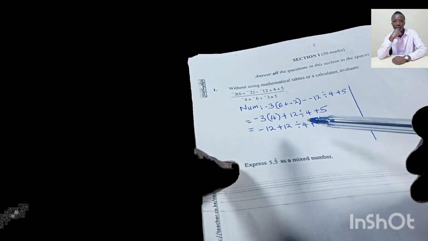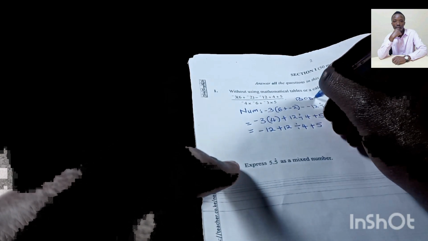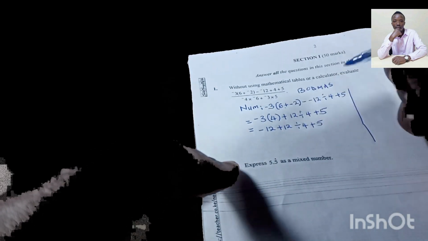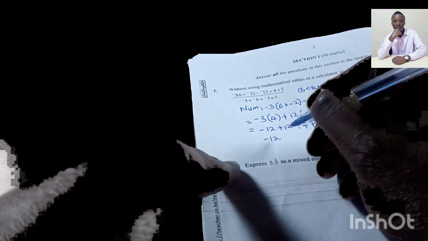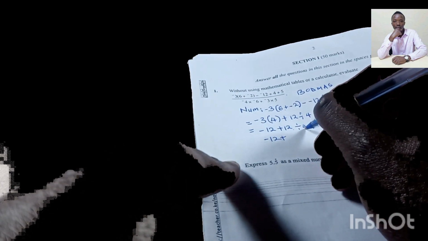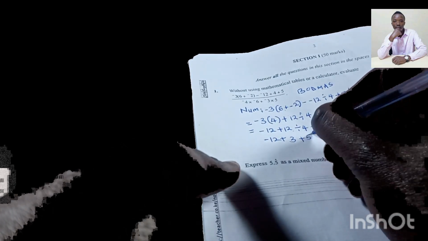Now when we apply the rule of BODMAS, we have division here. Remember, BODMAS is bracket, of, division, multiplication, addition, and subtraction. So we apply division and we have -12 plus 12 divided by 4 is equal to 3, then plus 5.